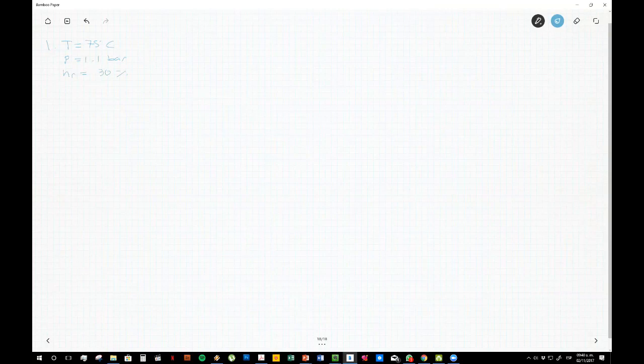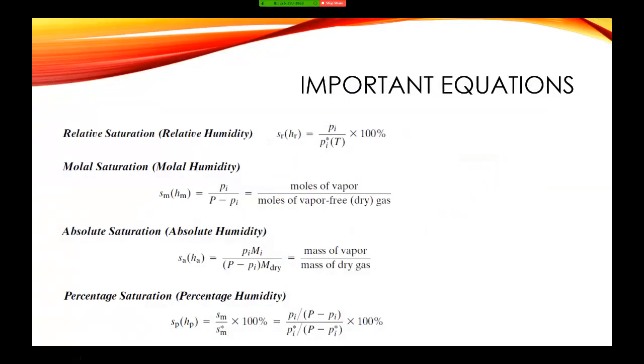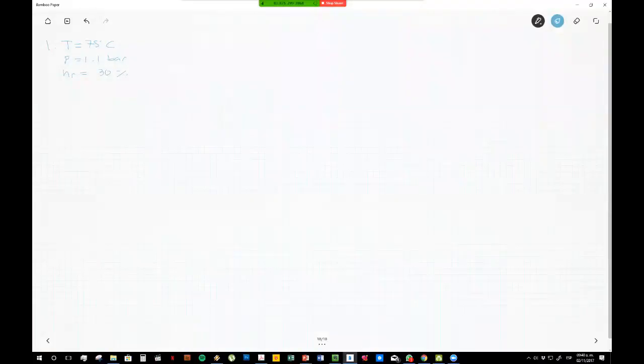So if we look at the relative humidity, the equation is the partial pressure divided by the vapor pressure times 100, right? It's equal to the partial pressure, in this case of water, because it's a condensable, divided by the vapor pressure of water times 100.